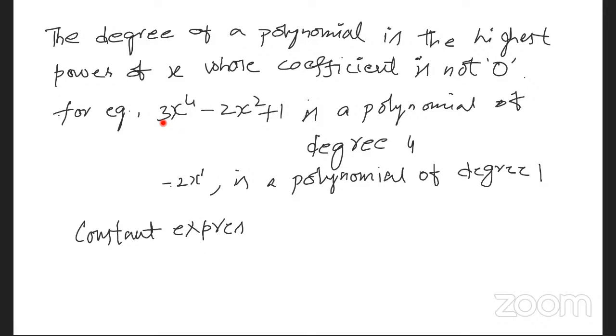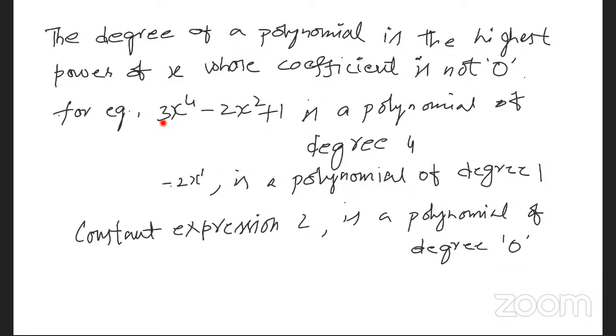Suppose a constant expression 2 is there. Even this is a polynomial of degree 0. Okay, so this is what a polynomial is.